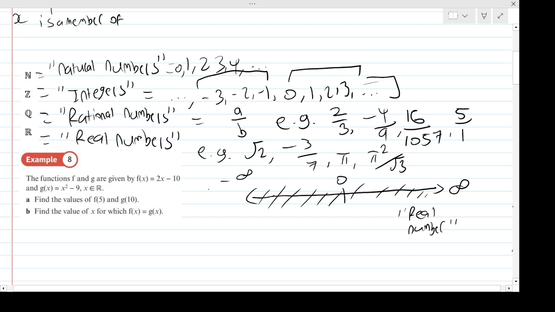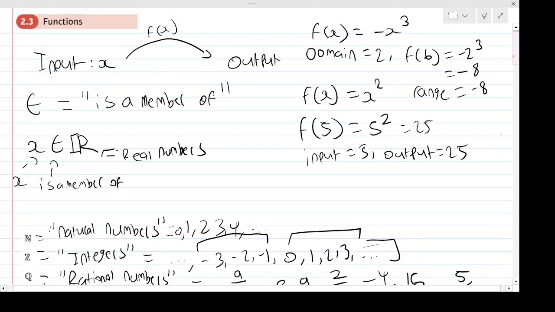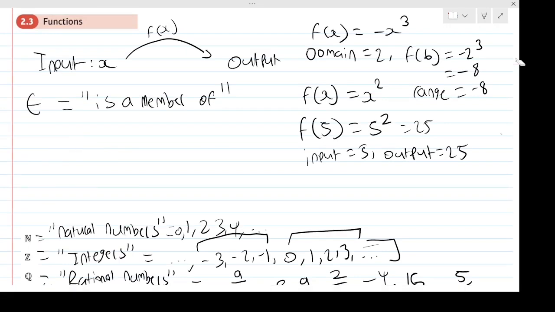Okay. What if instead I said x is now a member of this N shape here, this letter N? That's going to correspond to the natural numbers.